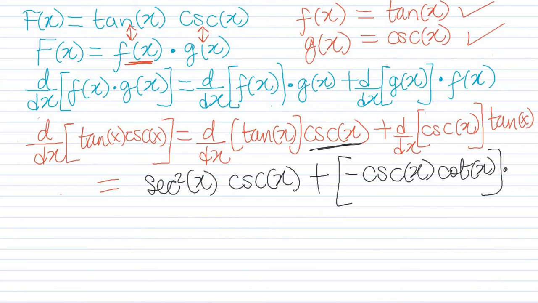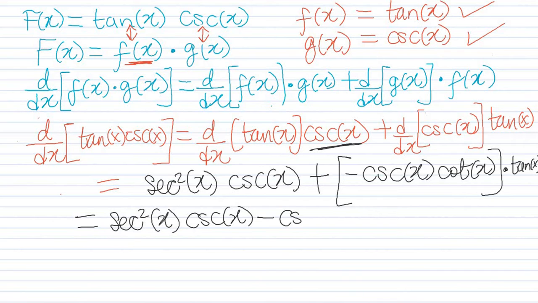And then multiplied by tan x. So what you end up with is secant squared x cosecant x minus cosecant x cotangent x tan x. So this is basically the answer.